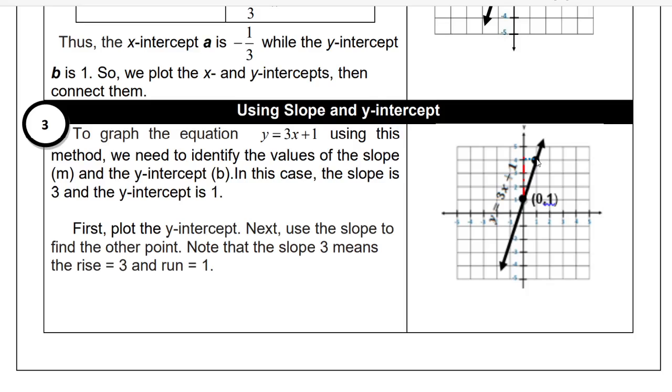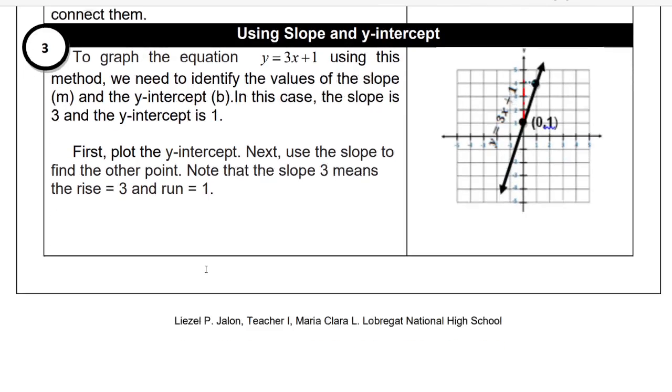Always run to the right. Okay. And that's the point. Then connect. Then that is your graph of the equation using slope and the y-intercept. Okay, plot the y-intercept, then use the slope to find the other point. So that's it. Know that the slope 3 means rise 3 and run 1. Okay, that's what we were talking about earlier.